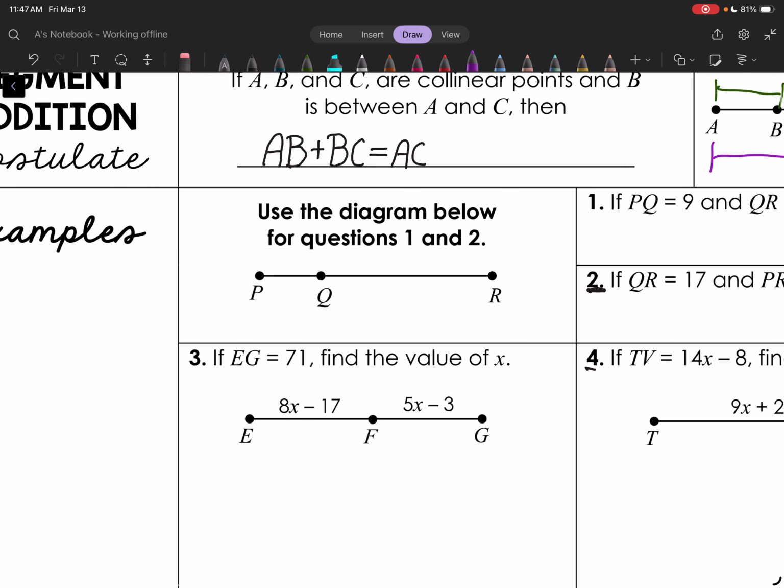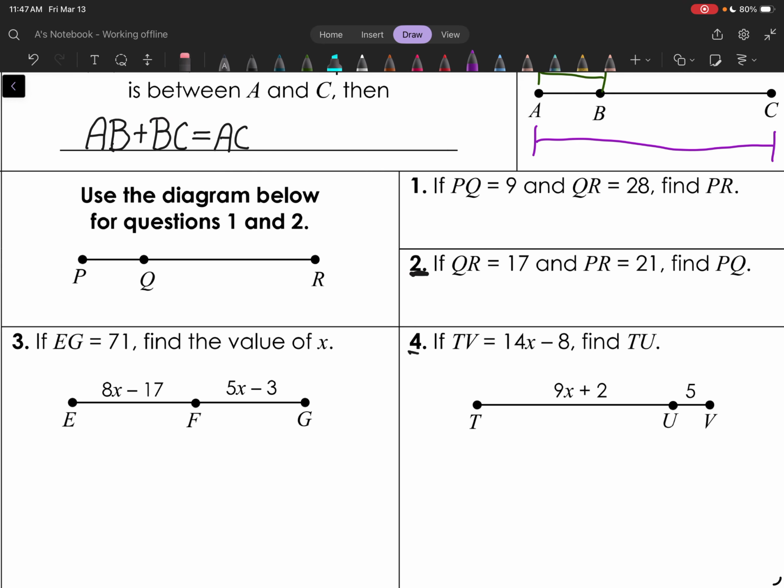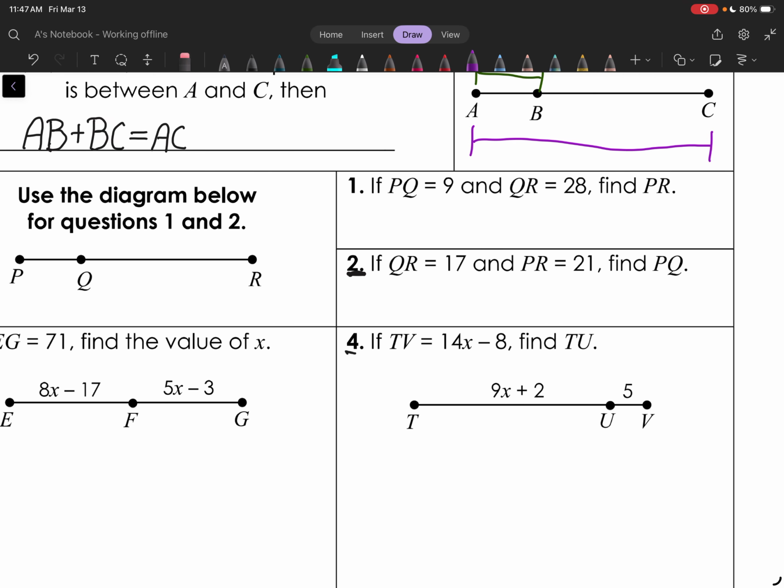Alright, let's do some examples. Use the diagram to answer questions 1 and 2. If QR is 17, PR is 21, find the length of PQ.